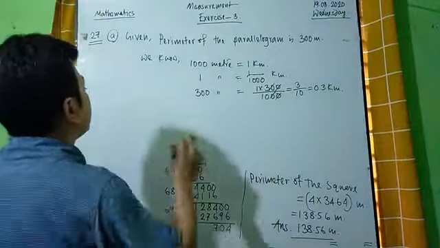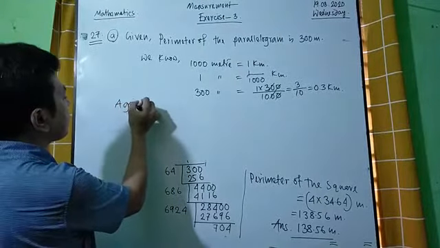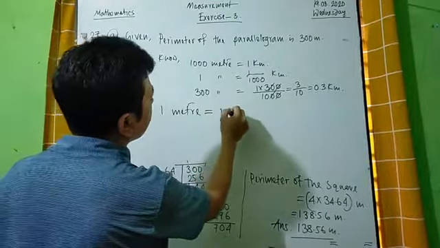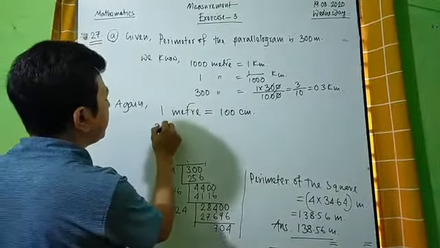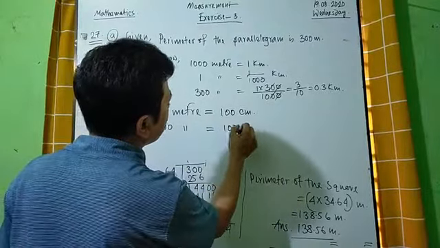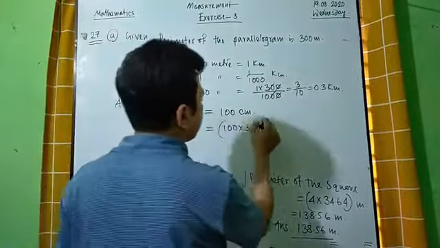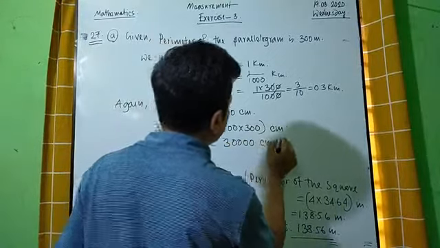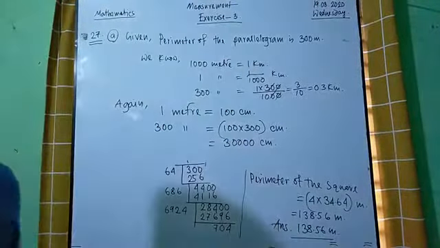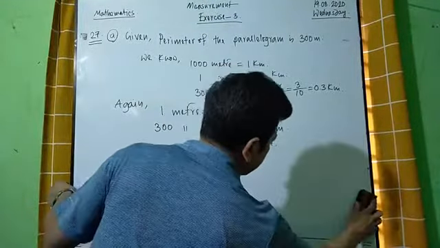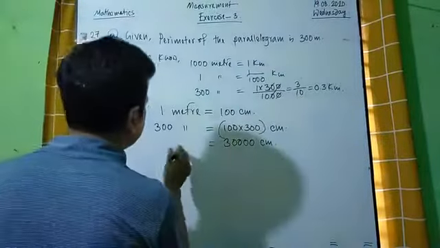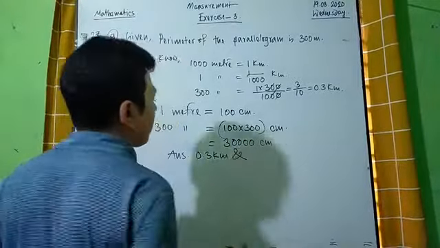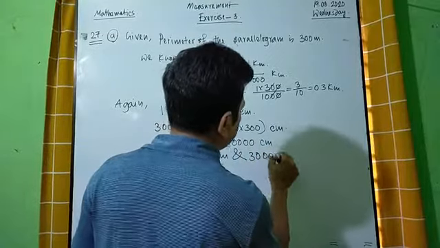Now we have to convert it again into centimeter. 1 meter equals 100 centimeter. So 300 meter equals 100 into 300 centimeter, which is 30,000 centimeter. So the answer is 0.3 kilometer and 30,000 centimeter.